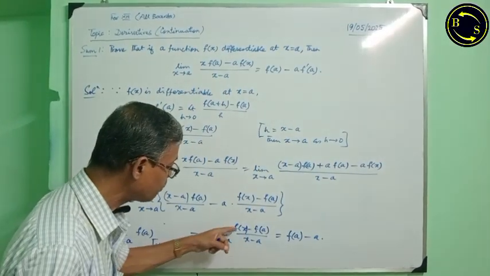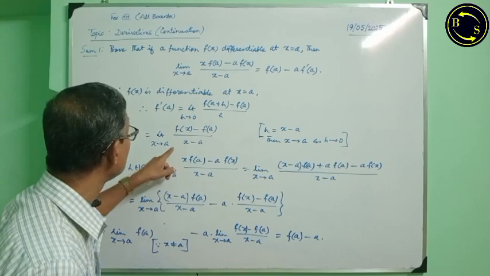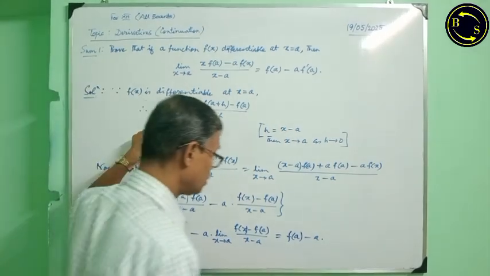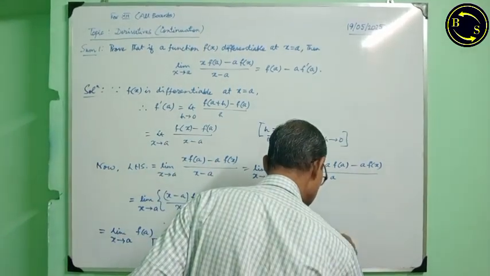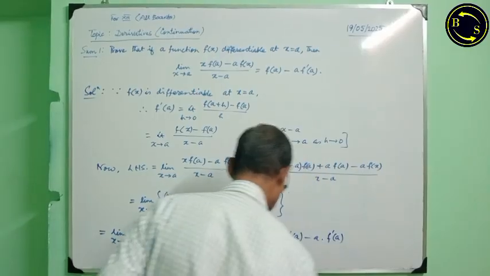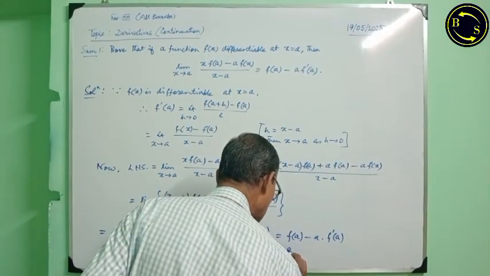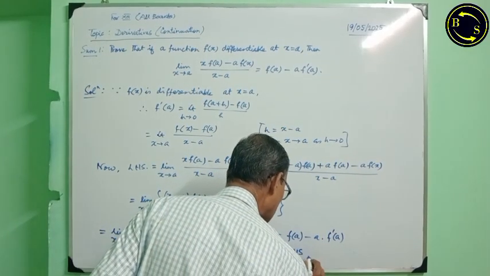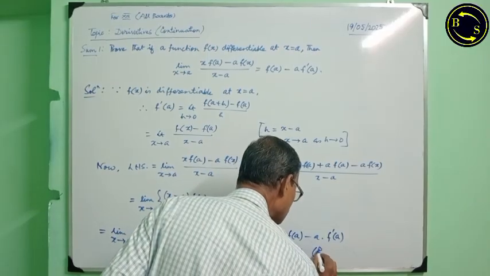Now limit x tends to a fx minus fa by x minus a, already we have written that f dash a. That is the RHS part proved.